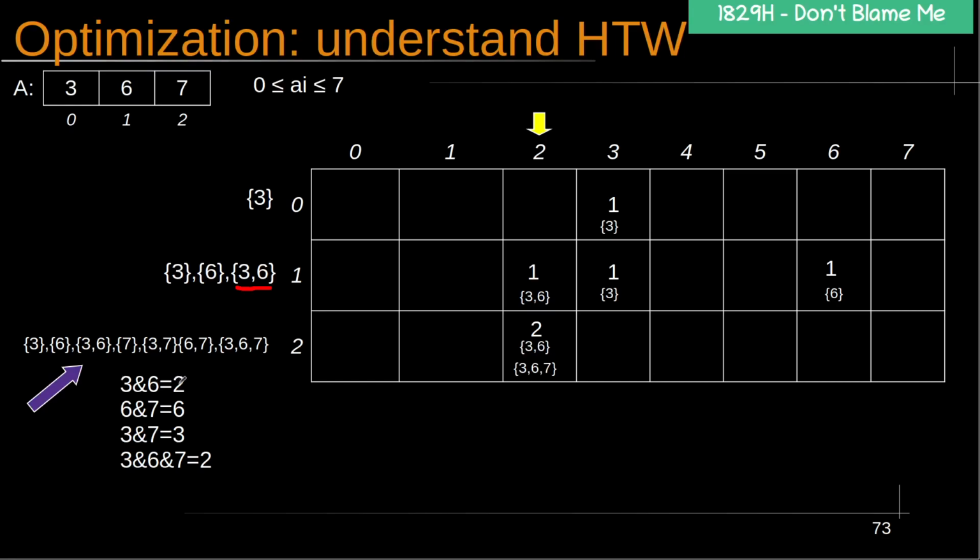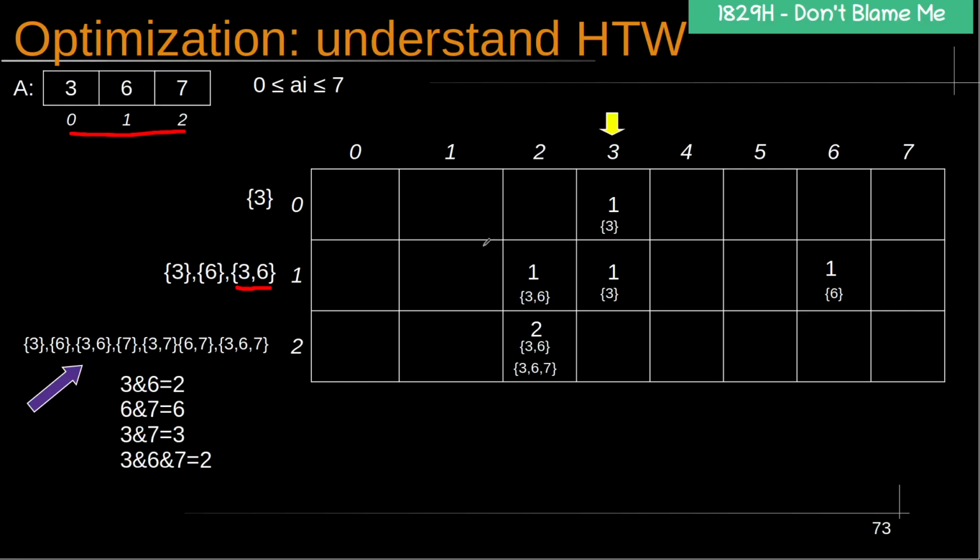Because the AND of 3 and 6 is equal to 2, and 3, 6, 7 is also equal to 2.